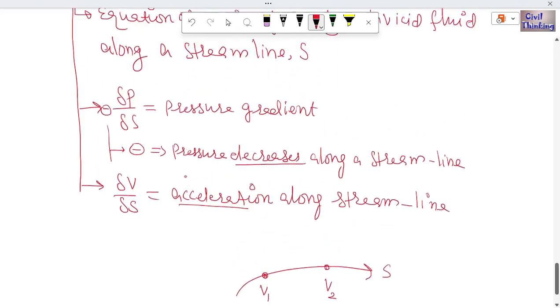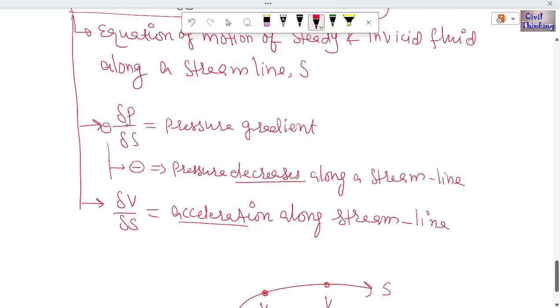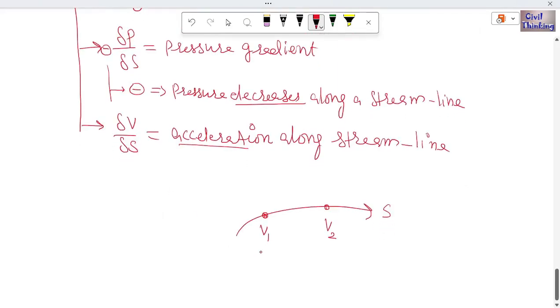Also, because of this delta P by delta S, pressure is varying along the streamline. If the pressure here is P1, then here the pressure is going to be P2, not P1 again, because it is varying along the streamline. These are the key insights.